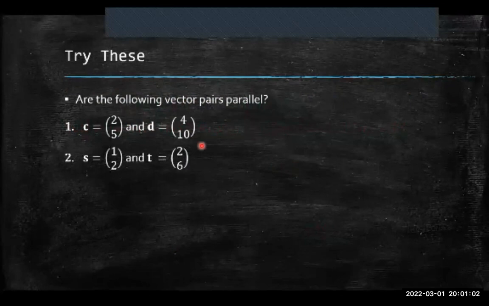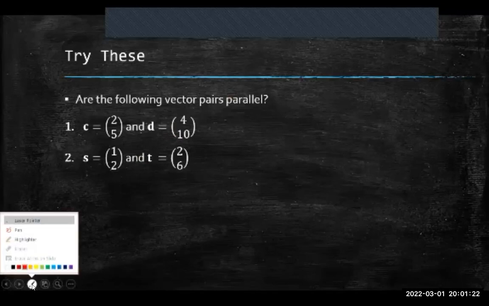Okay, your turn. You could really just read this off and tell me. Are these vector pairs parallel or not? C and D are parallel. They look like they're related by a scalar factor of 2. Yeah, 2 in front.